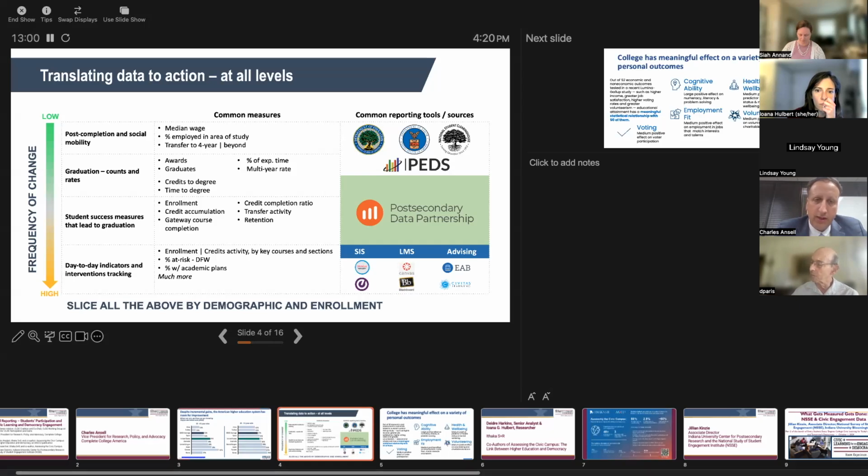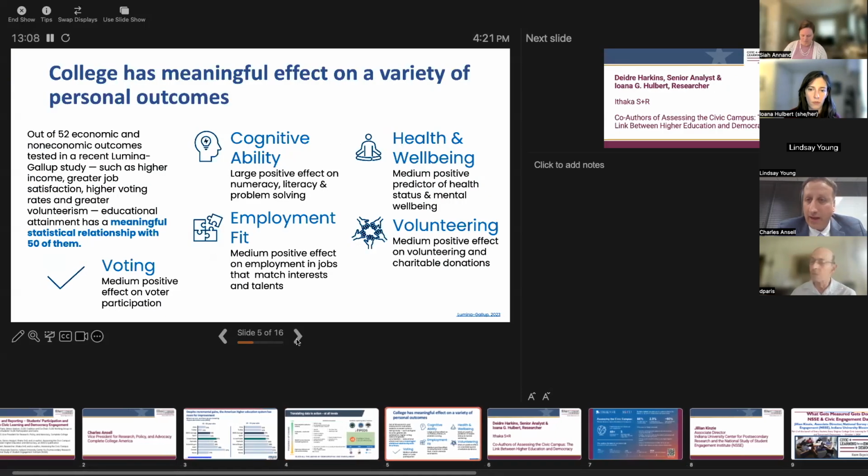So if you go to the next slide, and this is the final slide that I have, just to put a fine point on it, there are plenty of non-economic benefits of higher education that are sometimes positioned as afterthoughts. In addition to all these workforce outcomes, we want to make sure that we can maximize voting and volunteering and health and well-being outcomes that are associated with this.